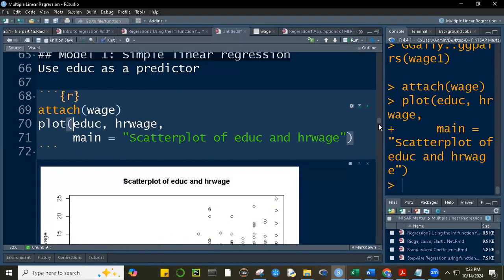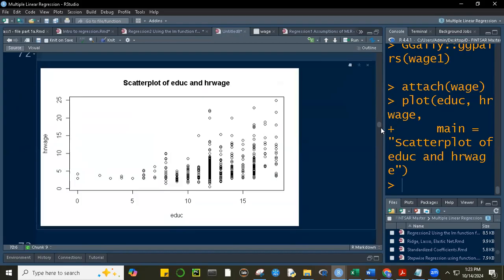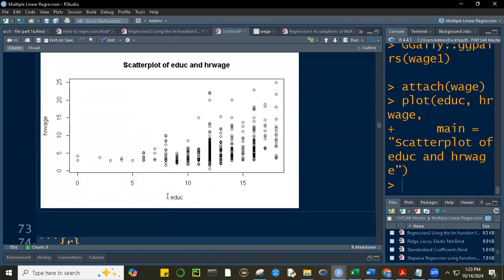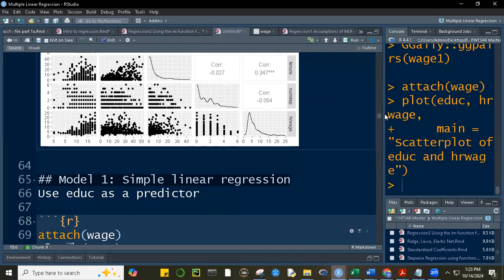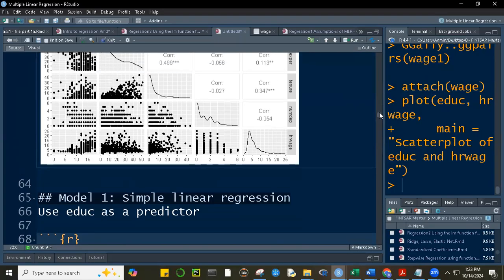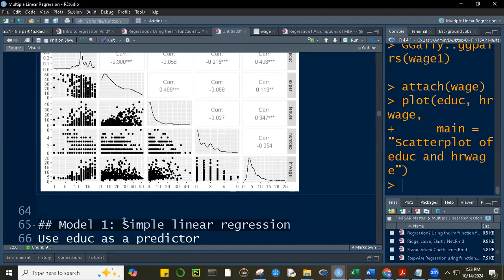Running this, we have this plot, and we can see there seems to be a positive correlation between hourly wage and education, which means that as education increases, hourly wage also increases. This is similar to the plot we had a while ago, this one. This is the plot of education and hourly wage, no? This one.